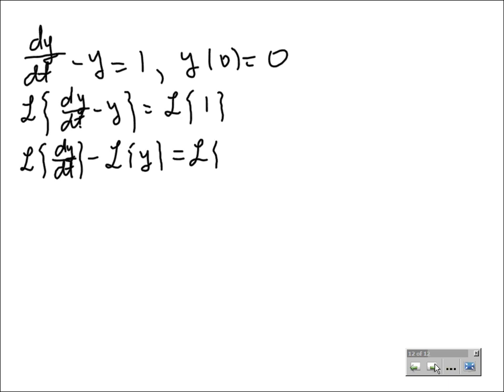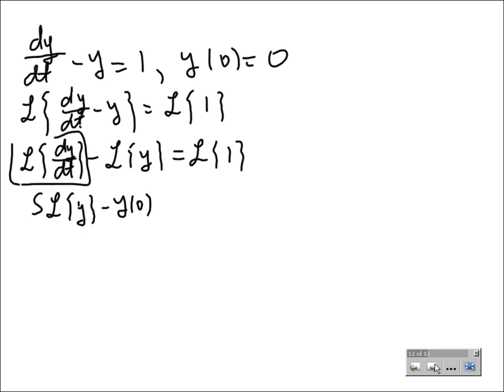And for now I'll just keep the right side like that. Now the Laplace of dy/dt, and that's where that theorem comes from, is s times the Laplace of y minus y of 0. What I've written down so far was just this, minus the Laplace of y, and it equals this, which is one of those 7 we should know, 1 over s.